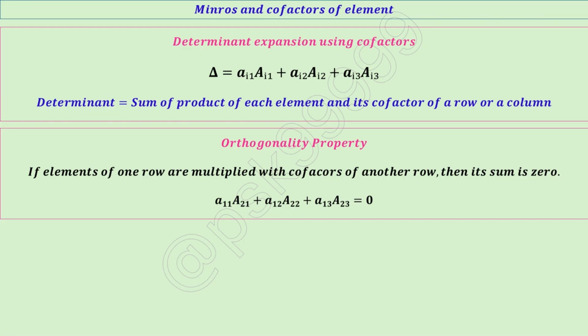You can take either column or row elements, but if you sum the multiplications of elements with the cofactors of a different row, you get 0.